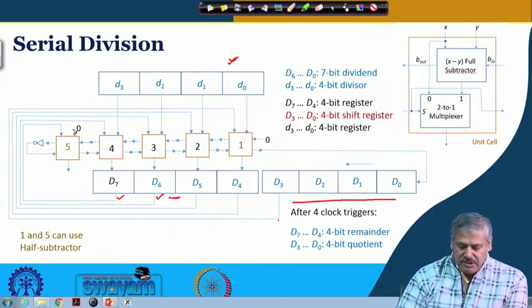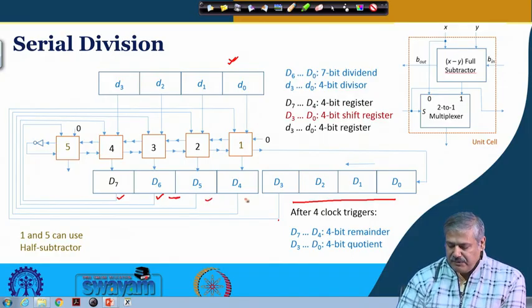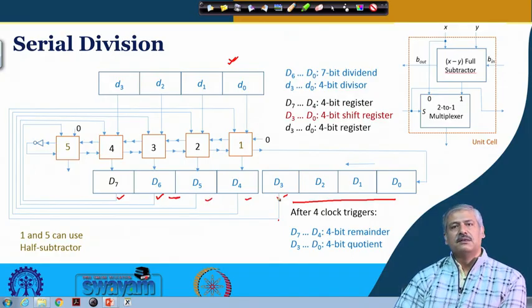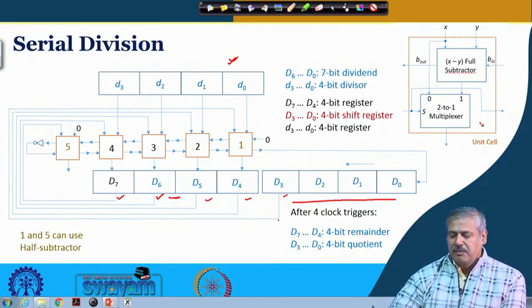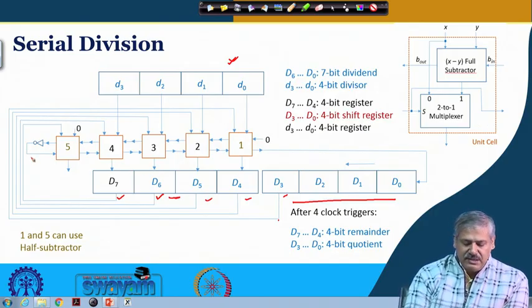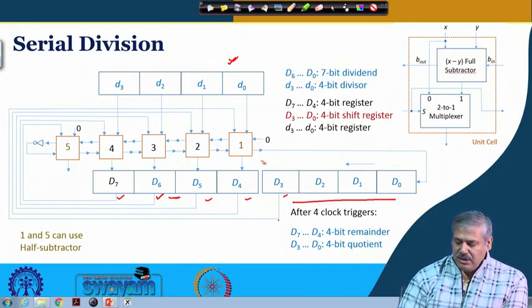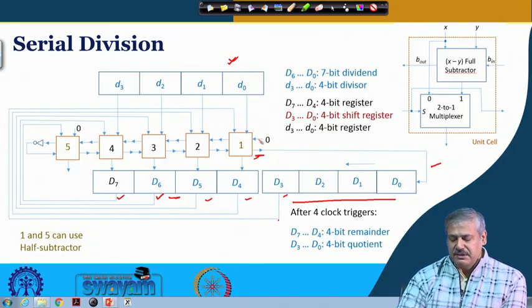First of all, in the beginning D7 is not of consequence. So D6, D5, D4, D3 is being used, and it goes through that particular block, and whatever output Q is generated, it is also made available through here. This is a combinatorial logic block, isn't it?